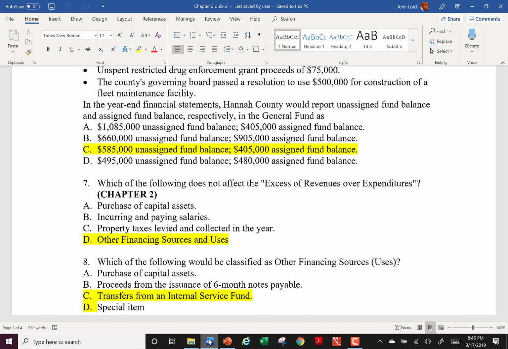Property taxes levied and collected in a year: remember, property taxes that you pay are revenue to the government, so that is going to affect it. D, other financing sources and uses, what? They appear down after that excess of revenue over expenditures, like the operating income number. They're down in that non-operating section. Okay, good.